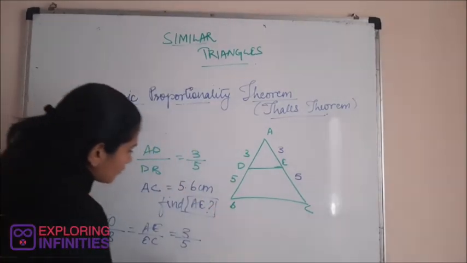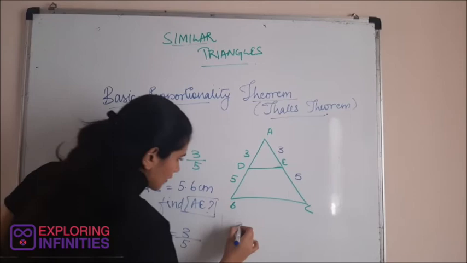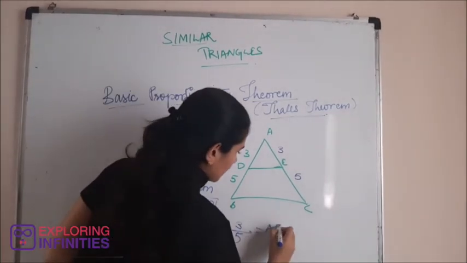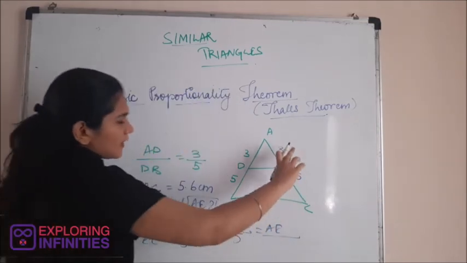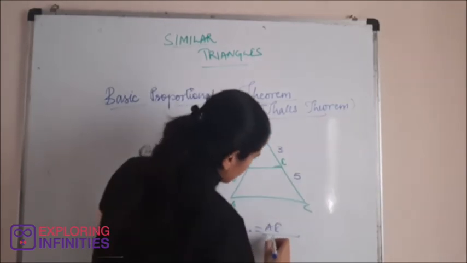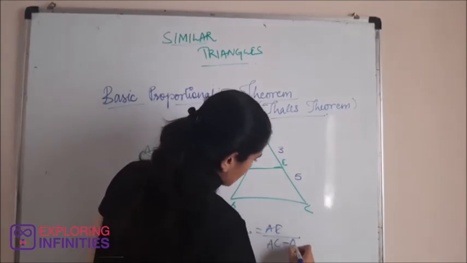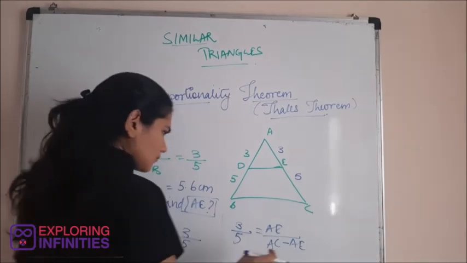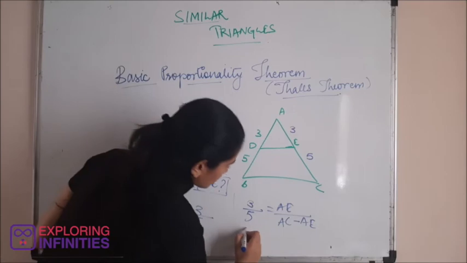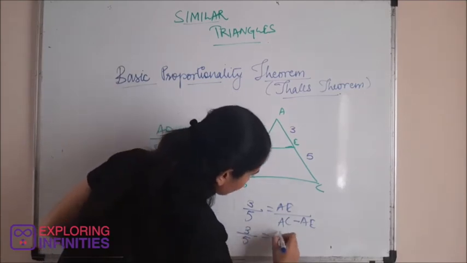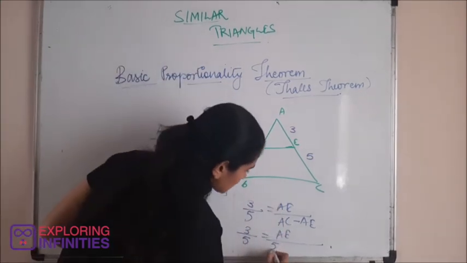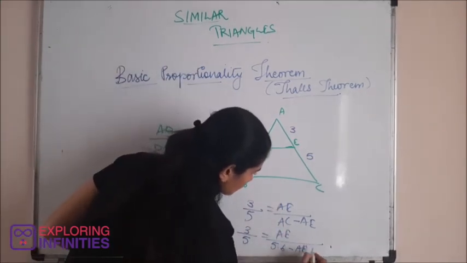So what we can do is 3/5 is equal to AE divided by EC. What is EC? EC is nothing but AC minus AE. We have the length of AC, so 3/5 equals AE divided by 5.6 minus AE.